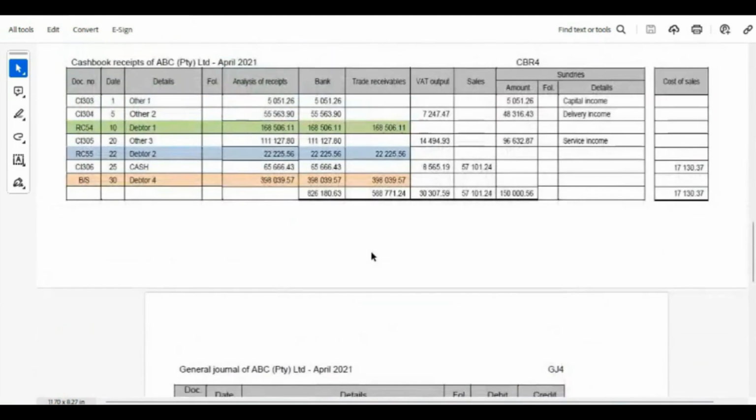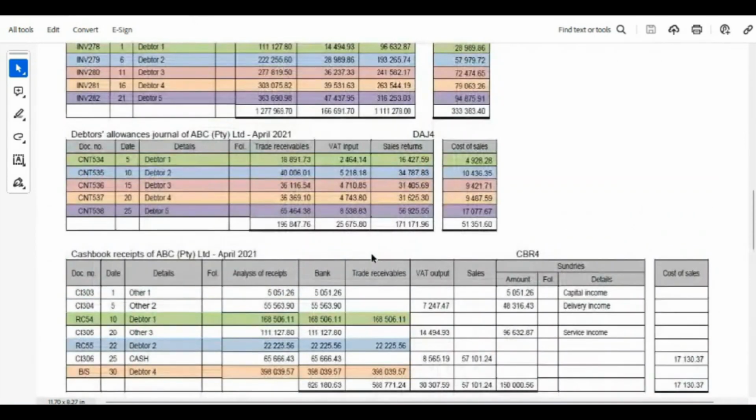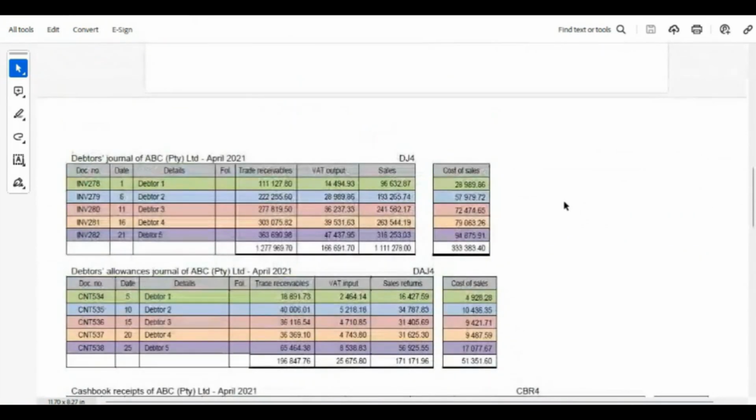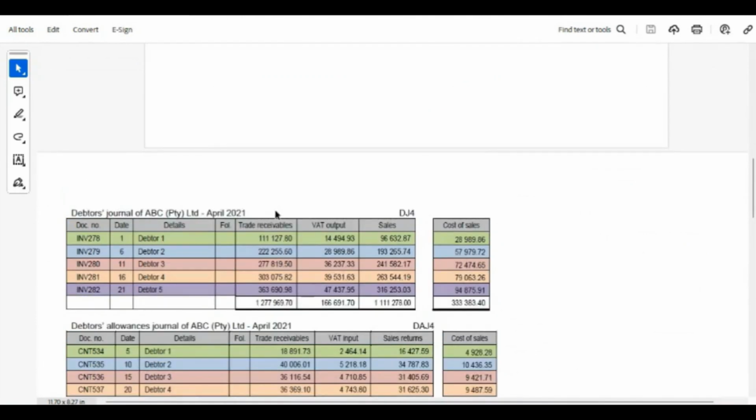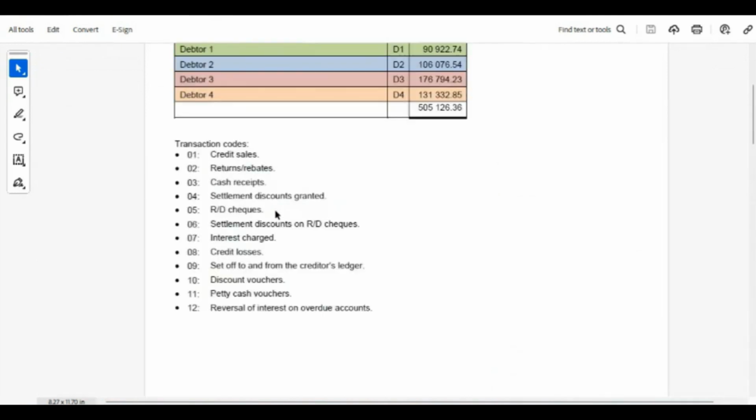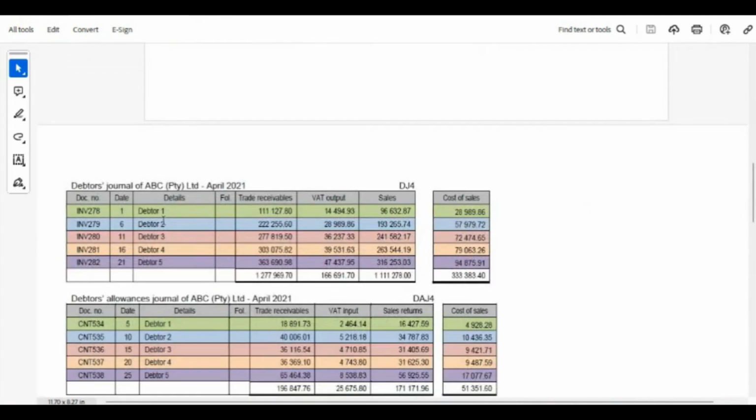And what you are looking for in all these journals is something that is relating to debtors and trade receivables and things like that. But please, I have changed all the debtors to debtor 1, 2, 3, 4, and 5.